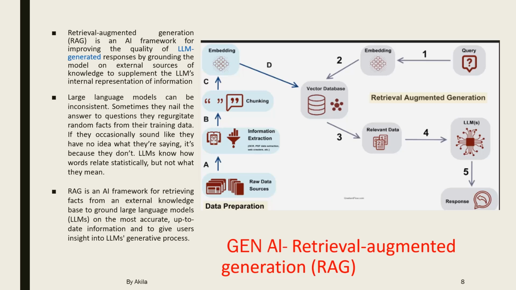If we are not able to produce the exact answer, then whatever model we train, the entire thing will be wasted. So what we need to do is use retrieval augmented generation from the raw data source, and then do the pre-processing steps: information extraction, chunking, and embedding, everything to be put in the vector database.